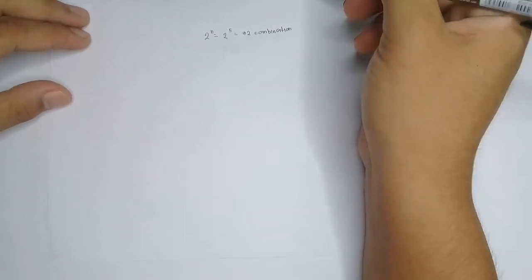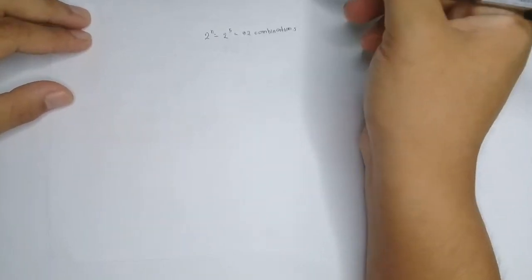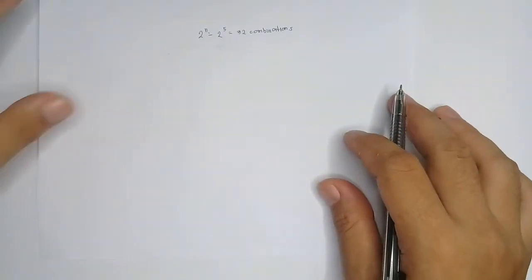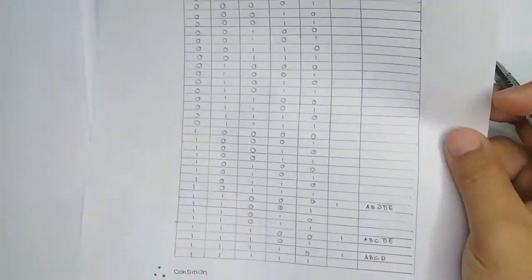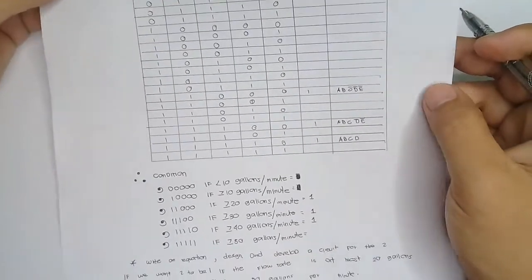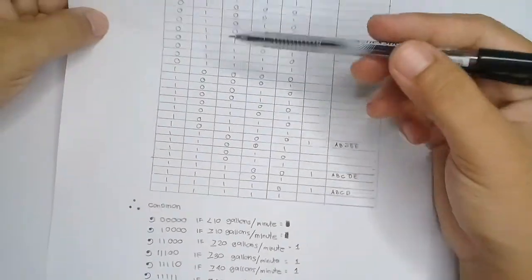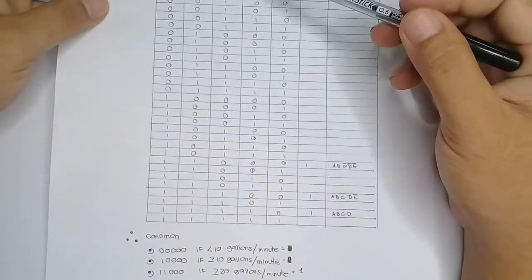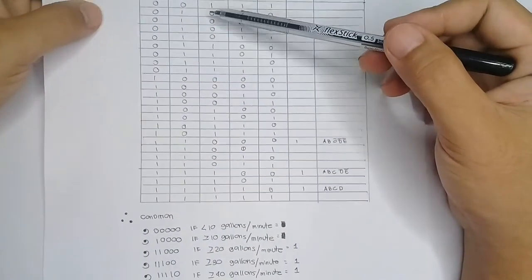So in letter B, same as in letter A, we have 32 combinations. With that, we're going to make a truth table having 16 zeros and 16 ones because 32 divided by 2 is 16. So we have here 16 zeros and 16 ones, 8 zeros, 8 ones, and so on.